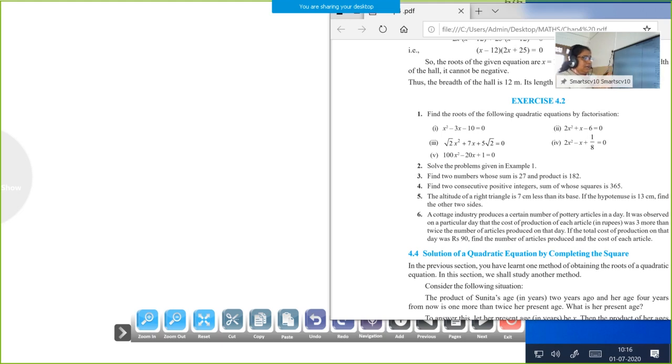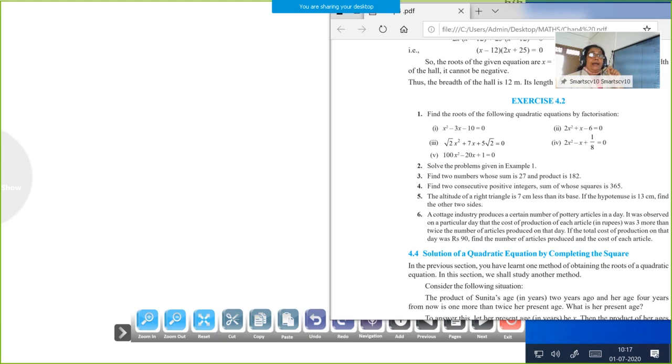The right triangle means we use the Pythagoras theorem. What is Pythagoras theorem? Base square plus altitude square is equal to hypotenuse square. Clear? Here the altitude of a right triangle is 7 cm less than its base.